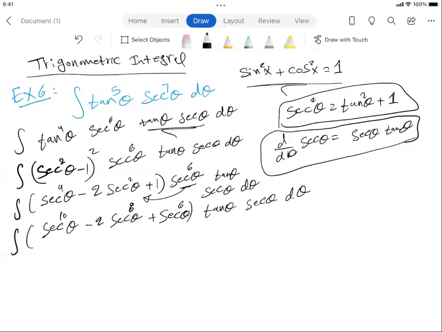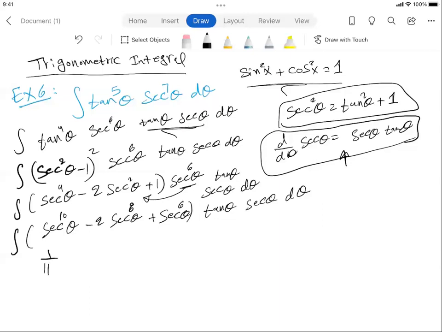So the idea here is that my integral will become all secant of theta, regardless of what power it is, because I know from this formula that the derivative of secant is secant theta tangent theta. So all I need to do again is increment the power and divide by the new power.